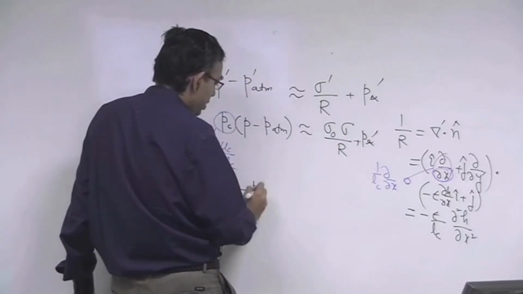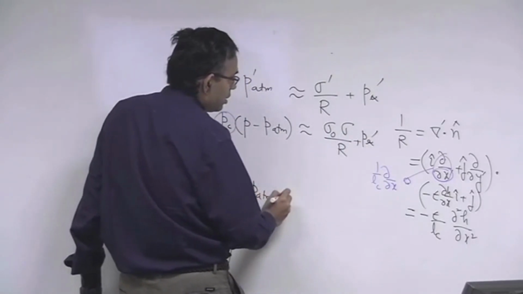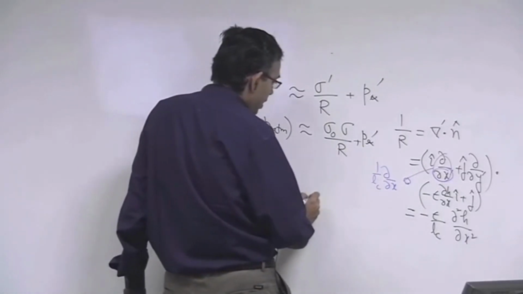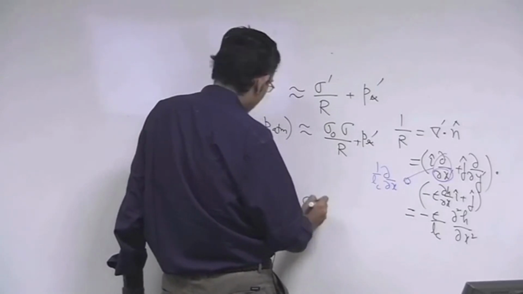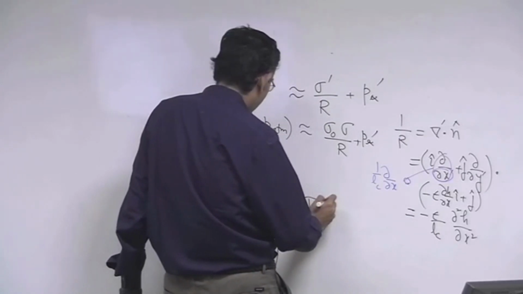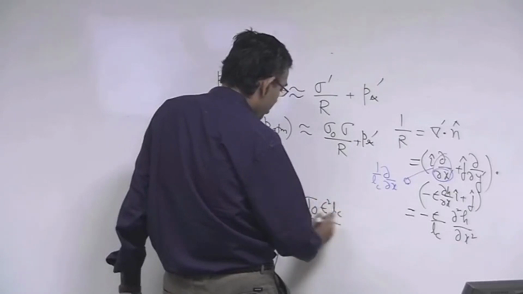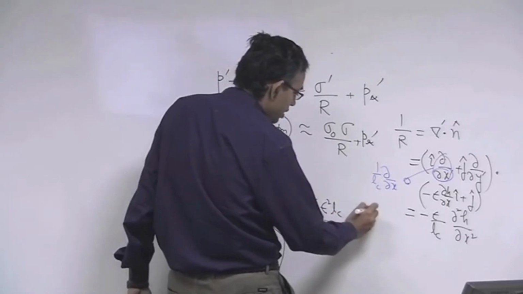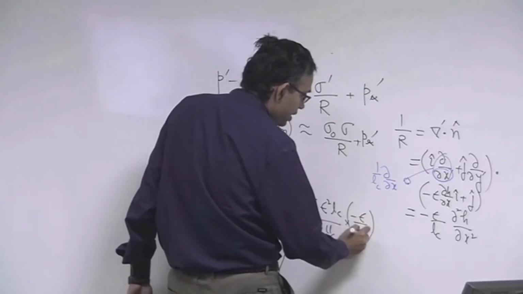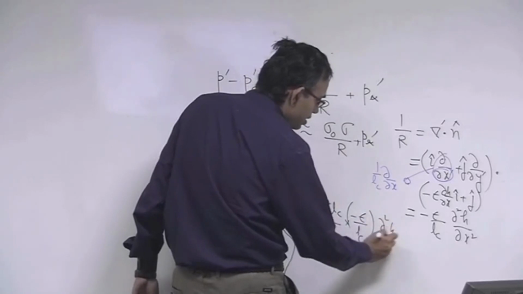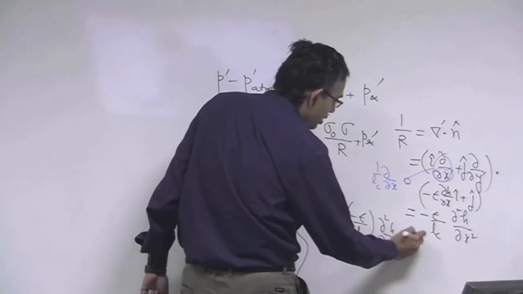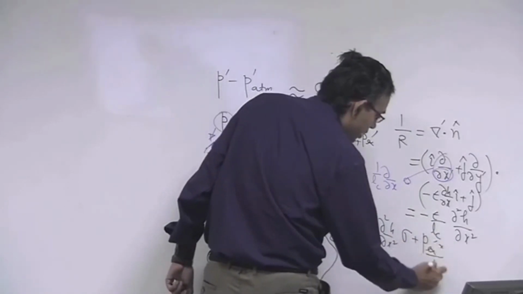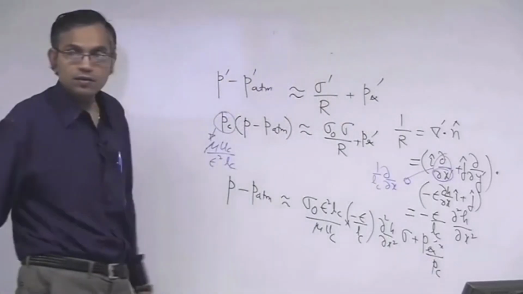So P minus P atmosphere is equal to sigma 0 epsilon square L_c by mu U_c into minus epsilon by L_c del square H del x square sigma plus P_x prime divided by P_c.